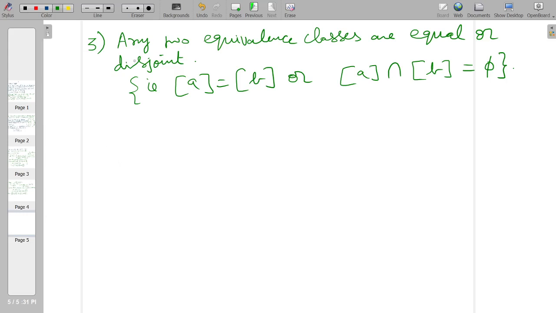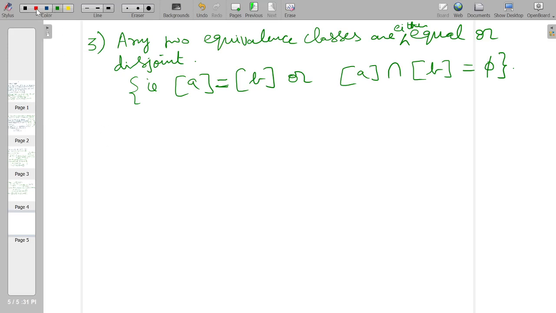So equivalence classes are either equal or disjoint. So when I rewrite it in symbolic notation, I will have equivalence class of A is equal to equivalence class of B, or equivalence class of A intersection equivalence class of B is empty.